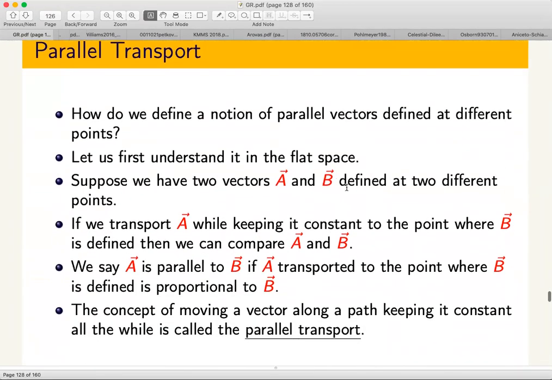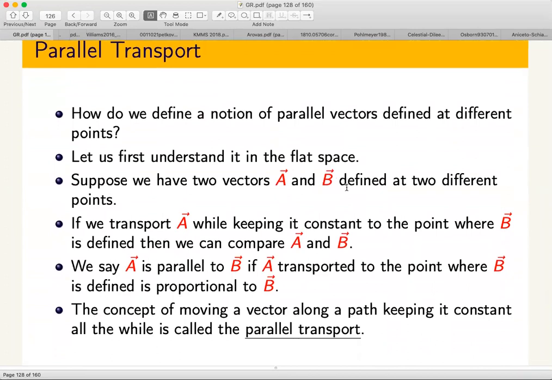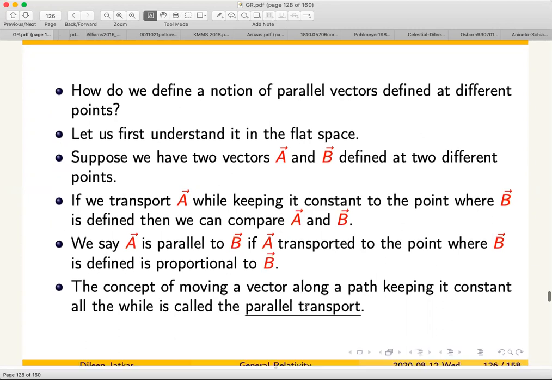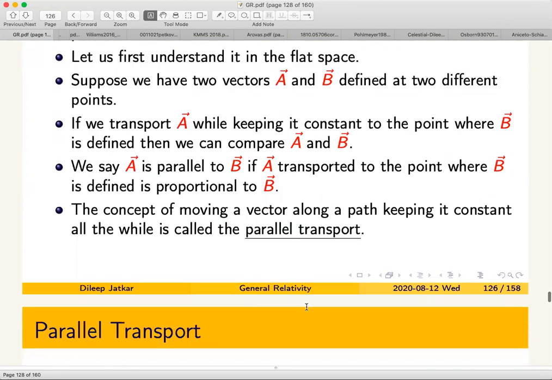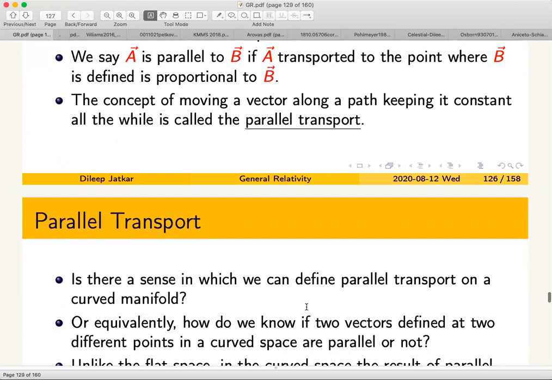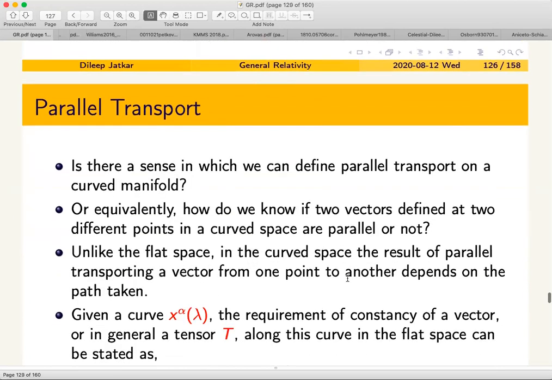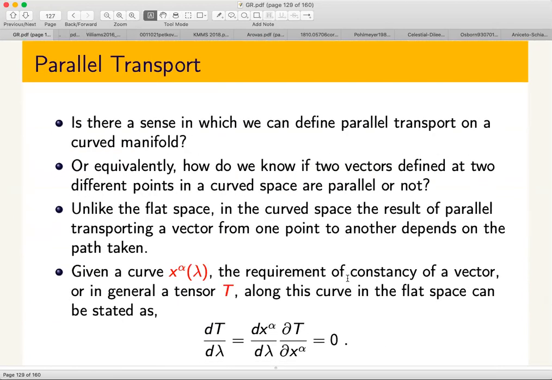So therefore we wanted to define a notion of how to transport a vector. So far we have defined only vectors at a particular point. Now we want to transport a vector from one place to another place and compare it with the vector defined at another point. And that's where this concept called parallel transport comes in.